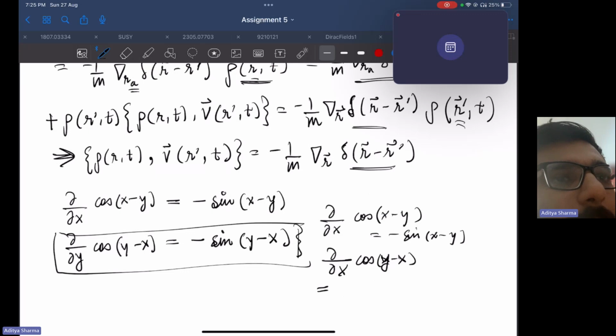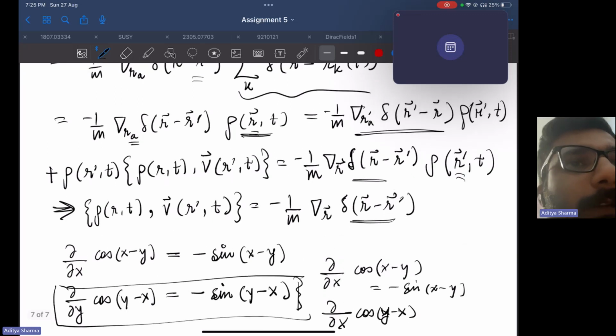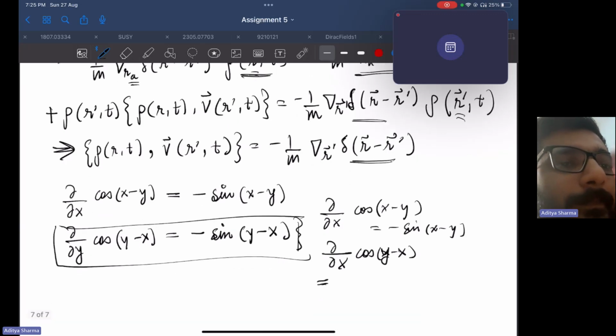So basically, that's what I'm doing here. Right? I'm interchanging this r minus r prime, and I had r prime here. So let me take this to be r prime.